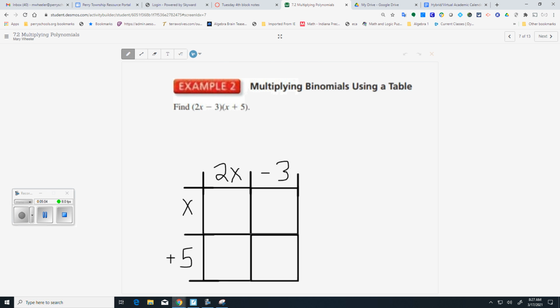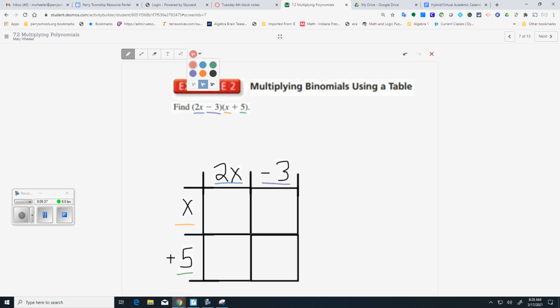There's also another method for multiplying binomials, and it's called the box method. And how you do that is you take this number and you put it here, you take that number and you put it there, you take the x, put it there, and 5 there. And then you just multiply.